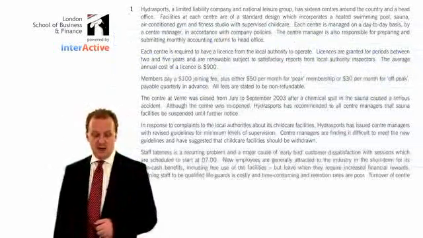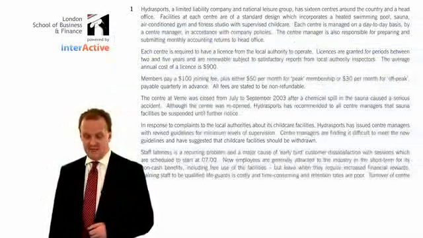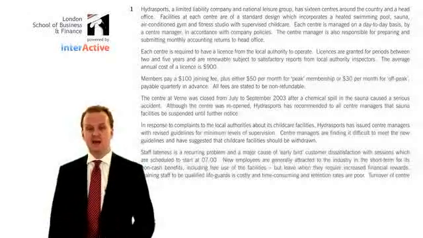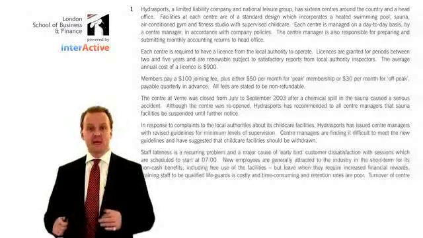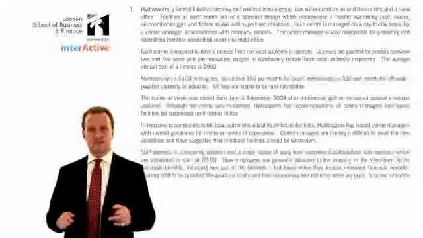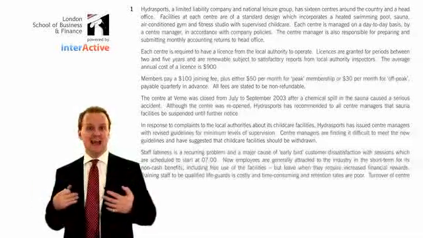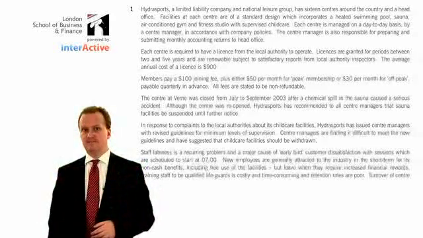Members pay a $100 joining fee, plus either $50 per month for peak membership or $30 per month for off-peak, payable quarterly in advance. Well, that would appear to be the deferred income. They're paying in advance, so the leisure centre has the cash, but hasn't actually supplied gym services yet.